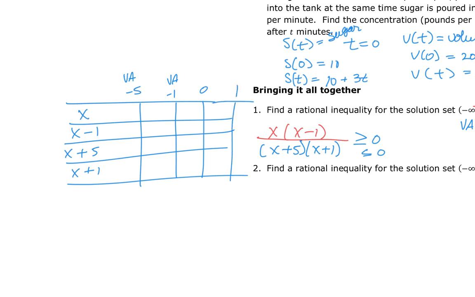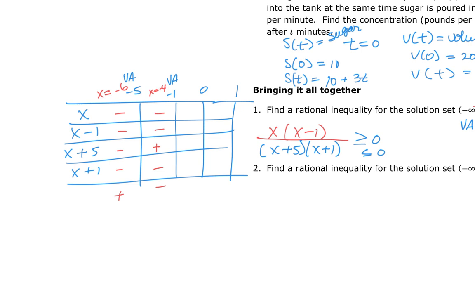So let's choose something in this interval. Let's choose x is equal to -6: negative, negative, negative, negative, so positive. And then I'm going to choose something in here. Let's choose x is equal to -4: negative, negative, positive, negative. So this region is negative.